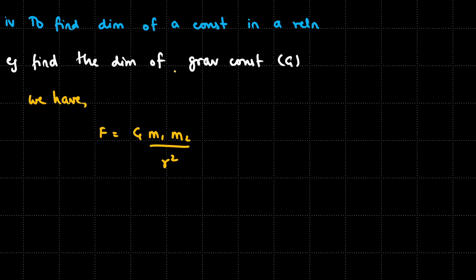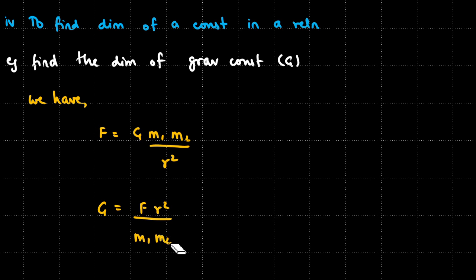So here we have big G. So just putting big G, we get F times r squared divided by m1 m2.